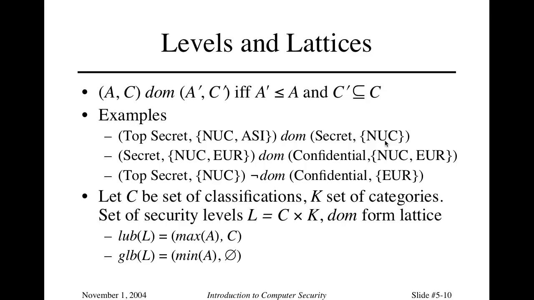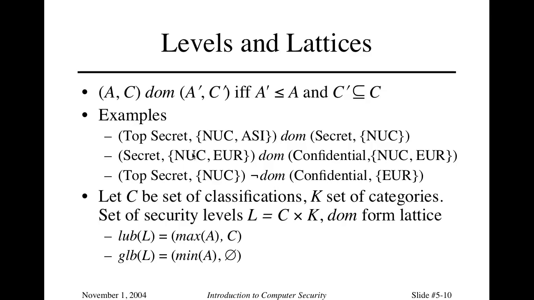So the second set is a subset of the first set of categories. For this example, we can say the first security level dominates the second security level, because for the first part, the left one is higher, and for the second part, the left one is a superset.